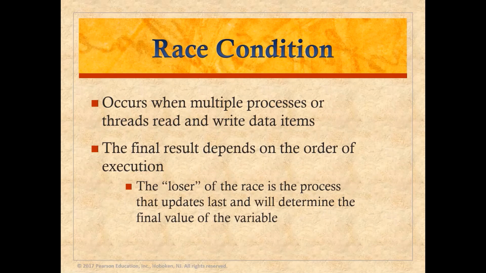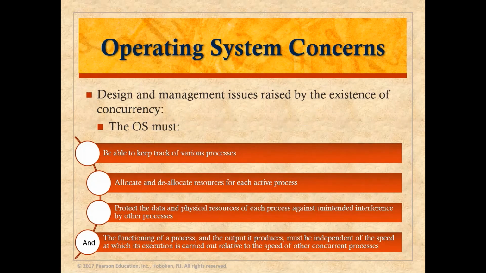I'm sure that this is clear enough, so I will just keep this slide. These are the operating system concerns, where the operating system must be able to keep track of the various processes. I think this is done. You are already clear about the PCB, the process control block, which is the platform for the operating system to track the processes.